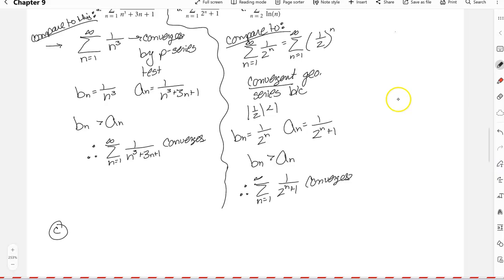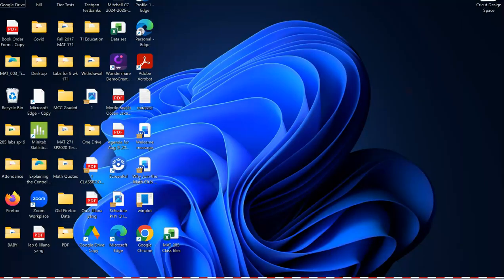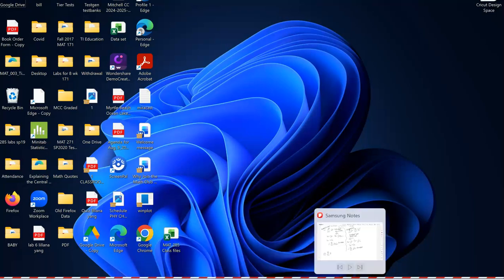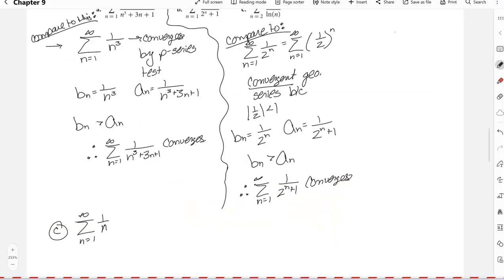What if we compare it to something we know diverges, like 1 over x, or 1 over n? This is the divergent harmonic series.